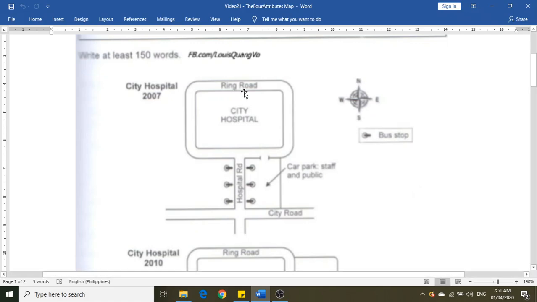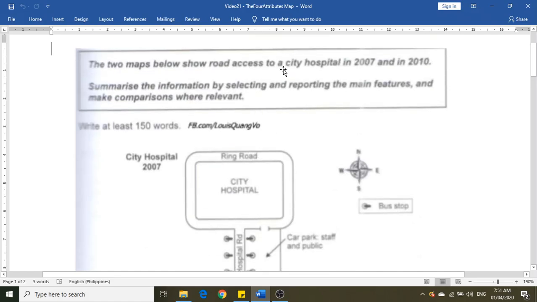And secondly, we should spell that out capitalized, so with a capital R and R. And then for the city hospital, we can see that this is really not the name of the hospital, because I was able to determine that by looking at this road access to a city hospital. So it is clear from the task description that this is a generic term.